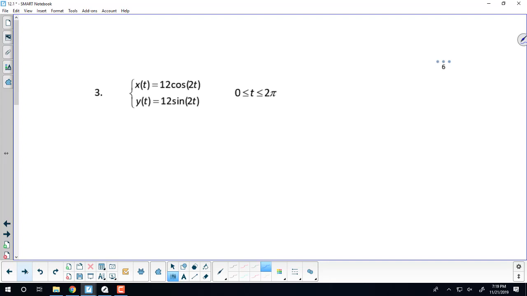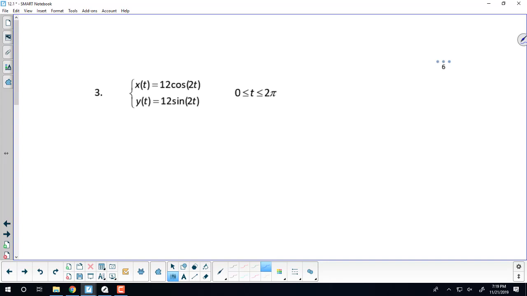Okay, so this example, t is 0 to 2 pi, and we have x is 12 cosine 2t, and y is 12 sine of 2t, rather. So what is this? It's a circle.